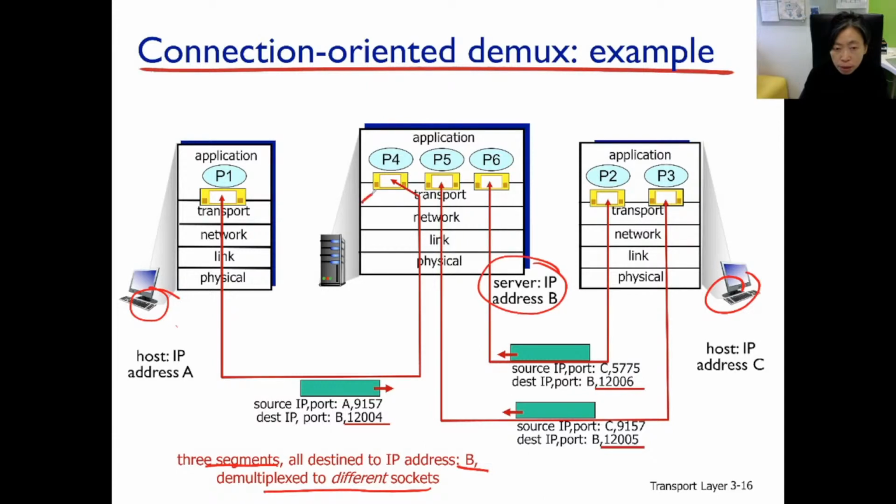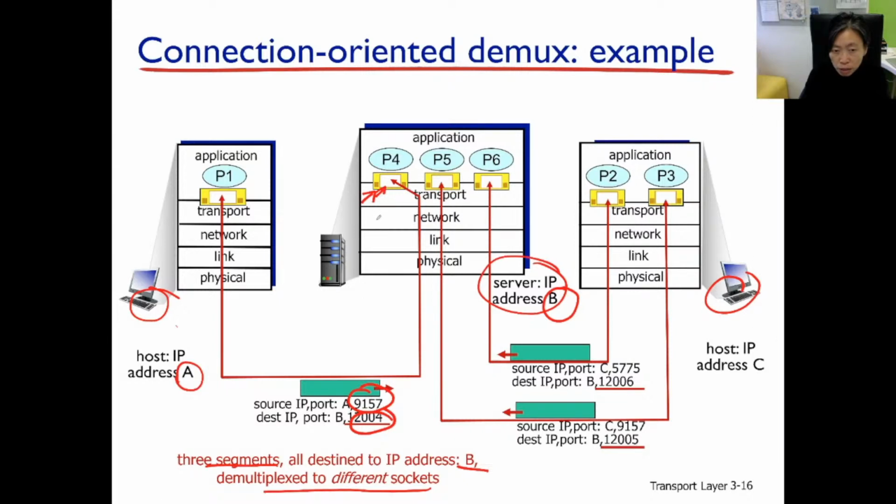Now, TCP sockets will be using a 4-tuple to decide. And what will be the 4-tuple? Well, source IP address, A. Destination IP address, B. And what? Source port number and destination port number. So these 4 values are going to be associated with this socket.